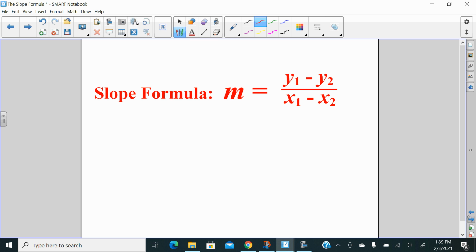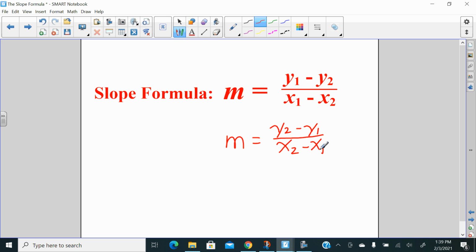Sometimes you might see it written this way. And the key is it really doesn't matter which pair you put first when you subtract, just as long as you always put the same pair in front.